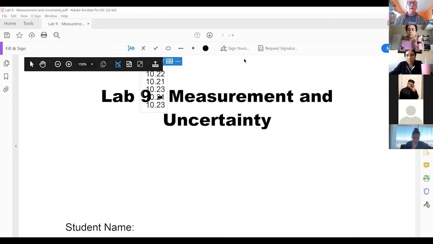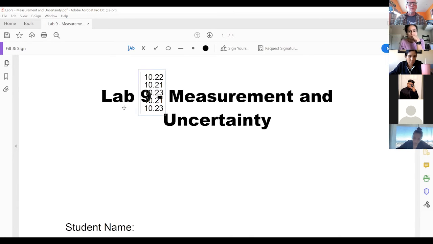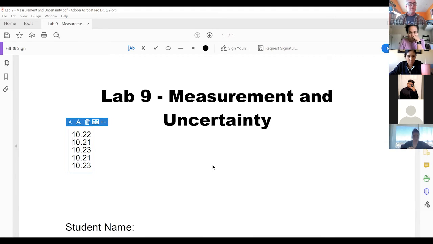See if I can move this. There we go. So everyone can see those numbers? Yep. Cool. There's more than one way to do this stuff. So those are my 5 measurements.